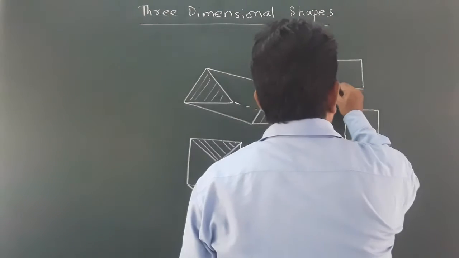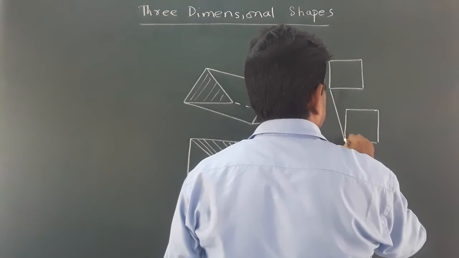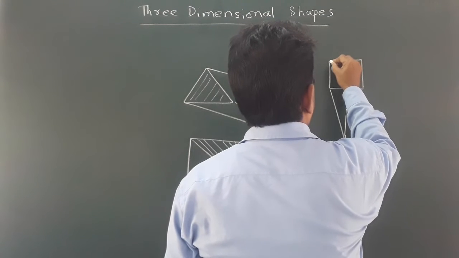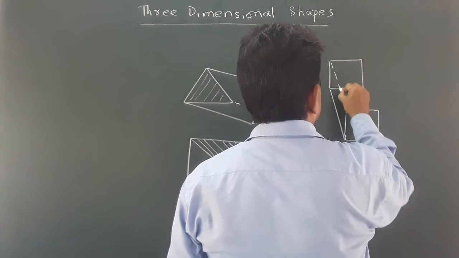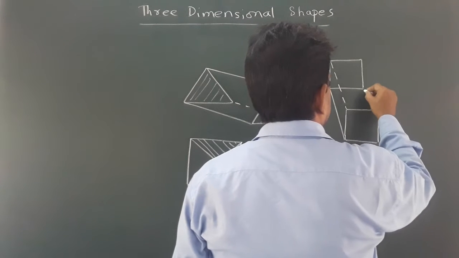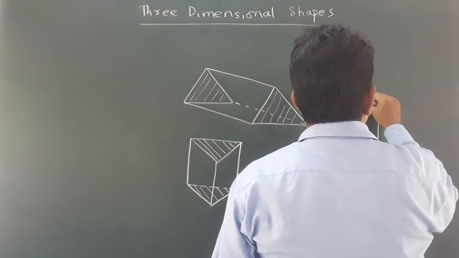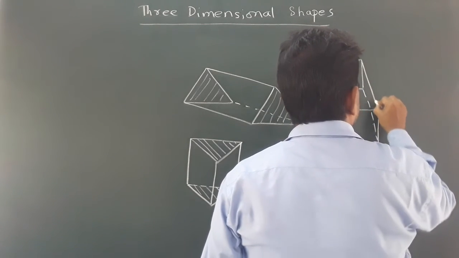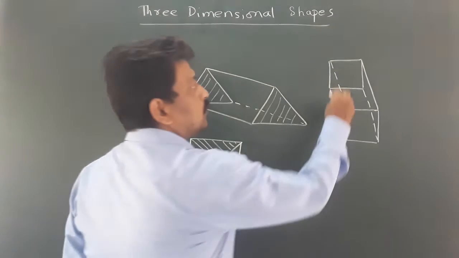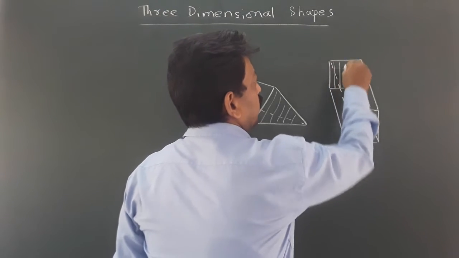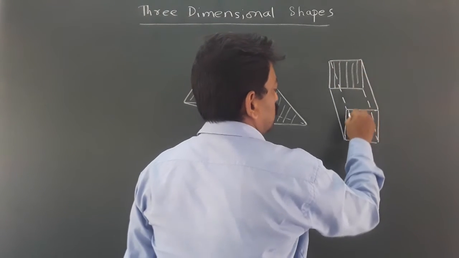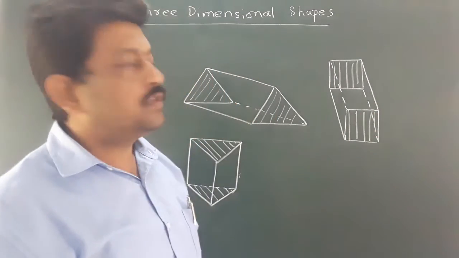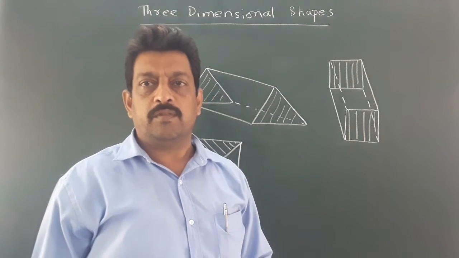Now join the corners. So here also the top is a square, the bottom is also a square. So this is a square prism.